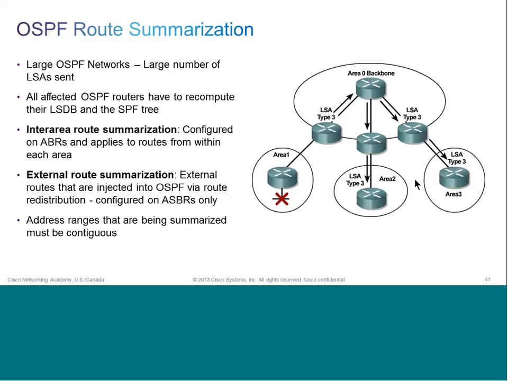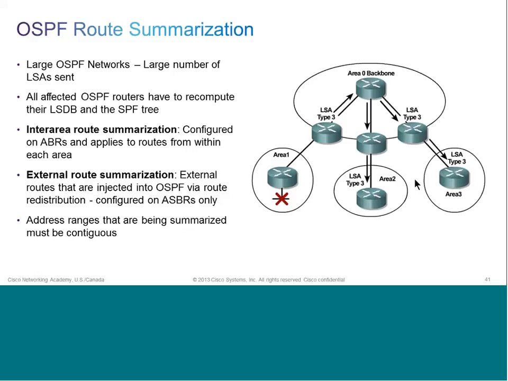Those are going to be translated into Type 3 LSAs and sent to other areas. If Area 1 had 30 networks to advertise, then 30 Type 3 LSA summaries would be forwarded into the backbone. With route summarization, the area border router consolidates the 30 networks into 1 or 2 advertisements.